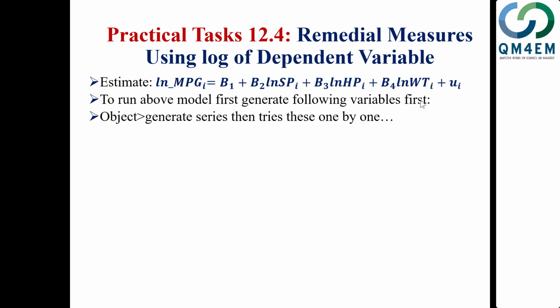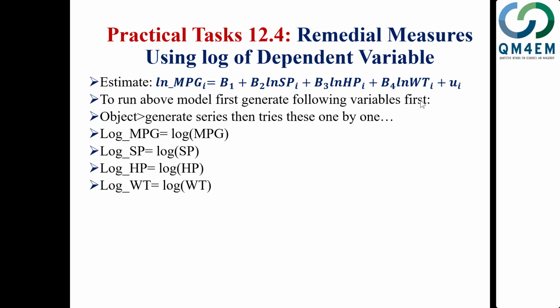One way we did in the past was to generate log of MPG by going to Object, Generate Series, and writing log underscore MPG equal to log of MPG. Or I can name it ln underscore MPG equal to log of MPG. It's up to me whichever name I want to give. The left hand side is my choice, the right hand side should be the way it is written here.